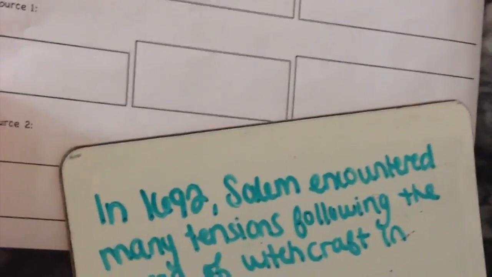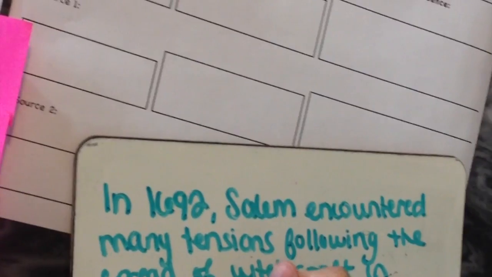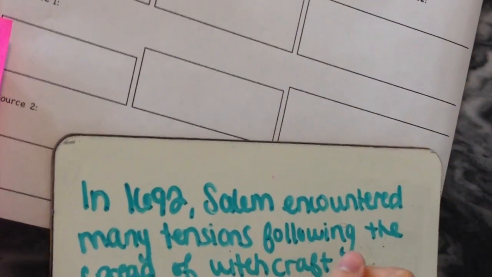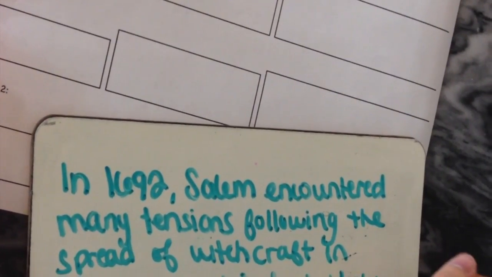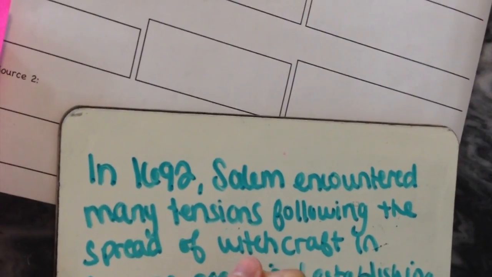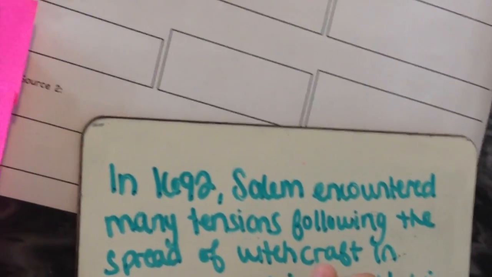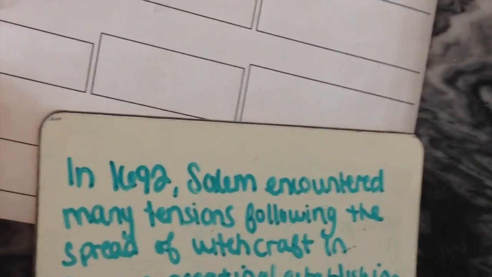This paragraph was all about tensions with the charter between England and their colony. So I'm going to put creating / establishing a charter from England, because England is who they're establishing the charter from.